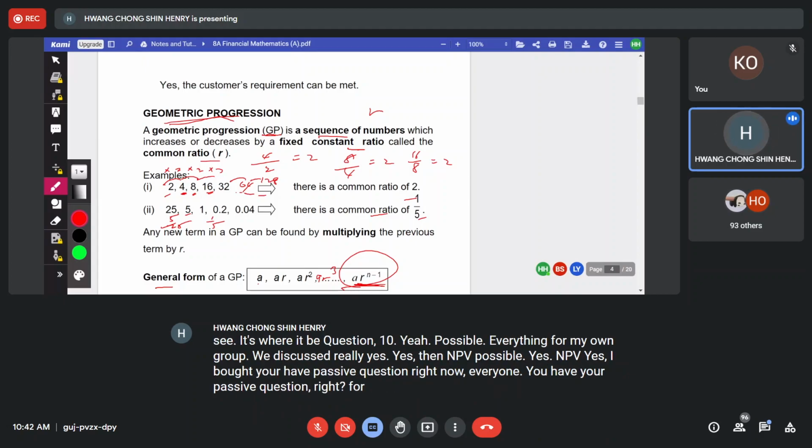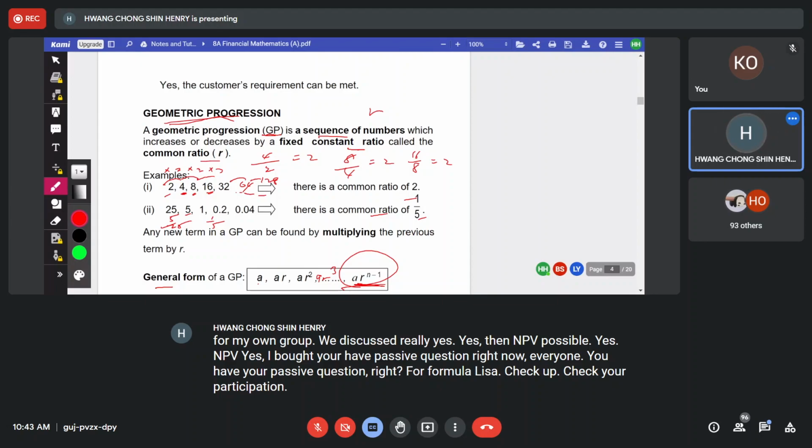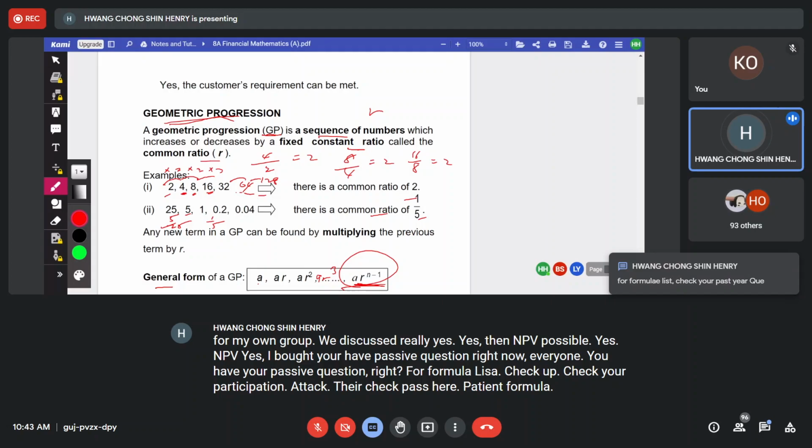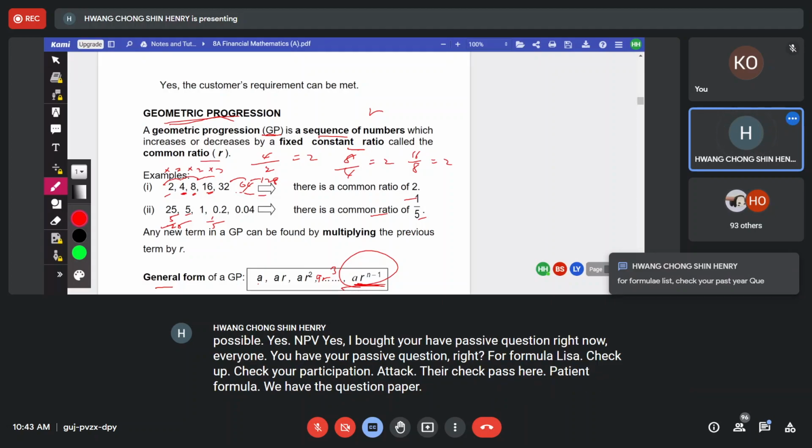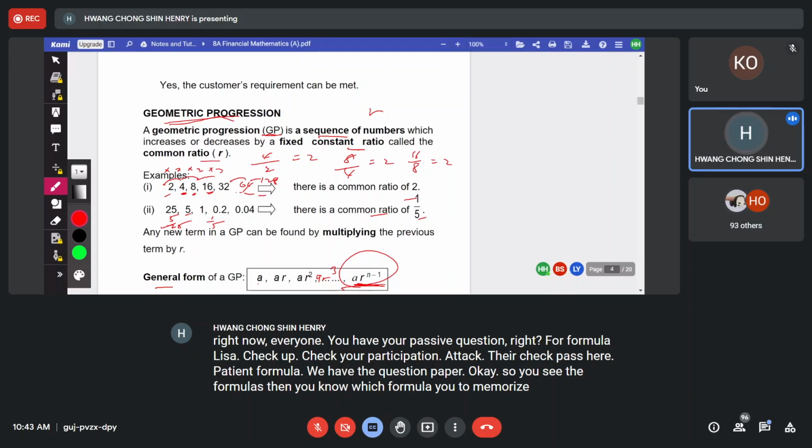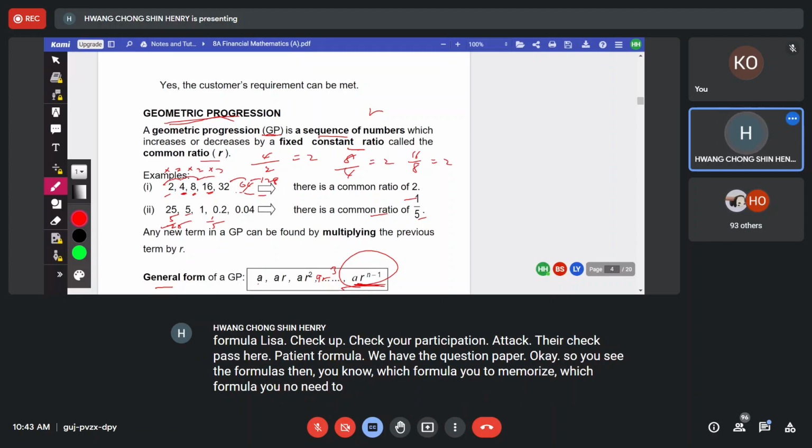For the formula list, check your past year question. I typed there, check past year question. The formula will be at the back of the question paper. So you see the formulas, then you know which formula you have to memorize, which formula you no need to memorize.